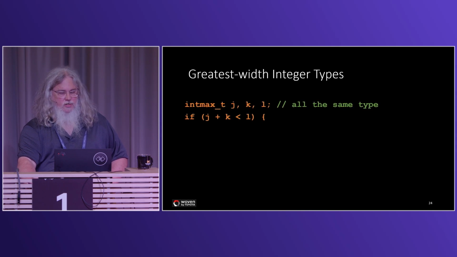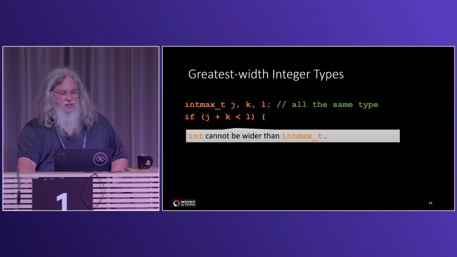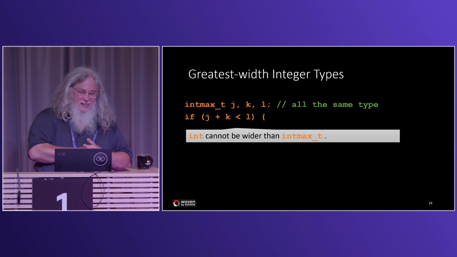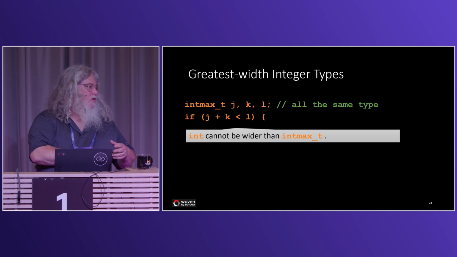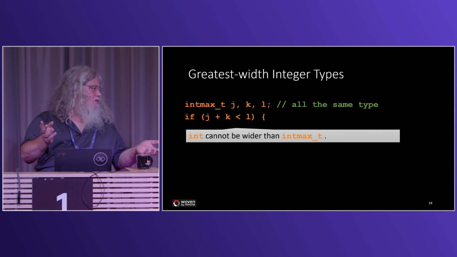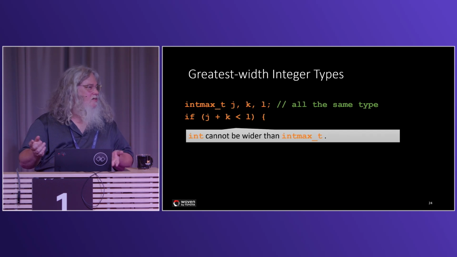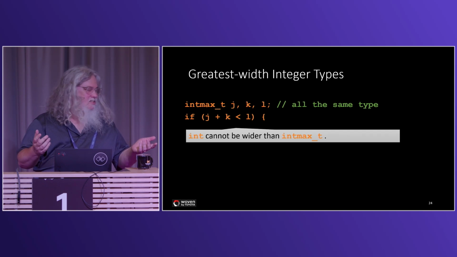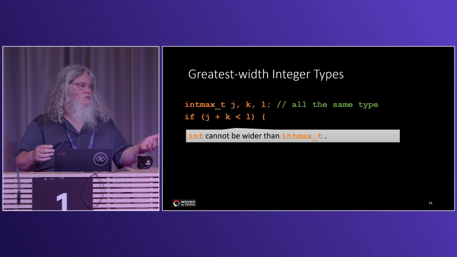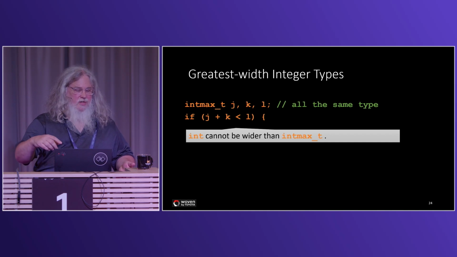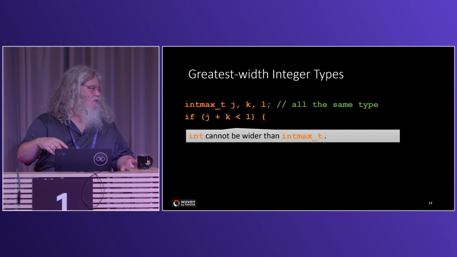You can use the greatest width integers. Greatest width integers have had a lot of problems lately, right? Originally they were meant to be the greatest width of the standard types and the extended types, but because some mistakes were made and these types were used in APIs, it suddenly became an issue that, well, hey, if I introduce a 128-bit extended type, now my intmax_t size has to increase, which means now I've broken my ABI on all those function calls, right?